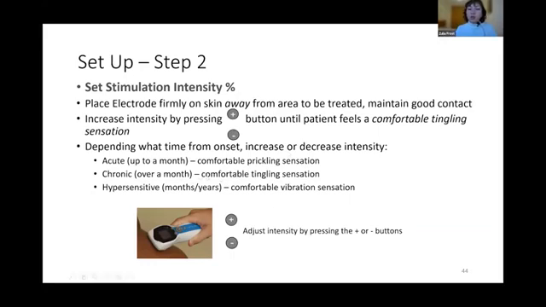The second, chronic, comfortable tingling sensation. This is something the patient has to tell you. And that is, you would be using comfortable tingling to activate A delta receptors. Most of the chronic conditions will be already sensitized.